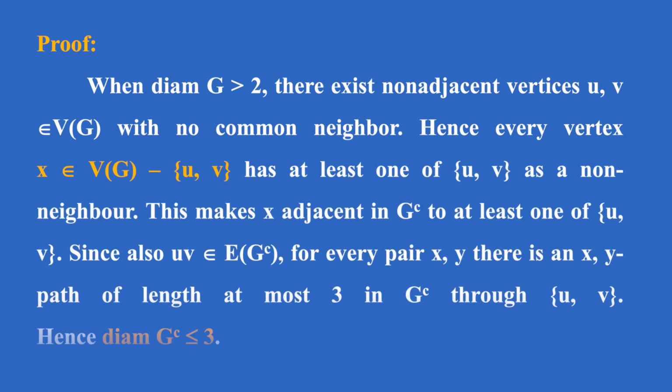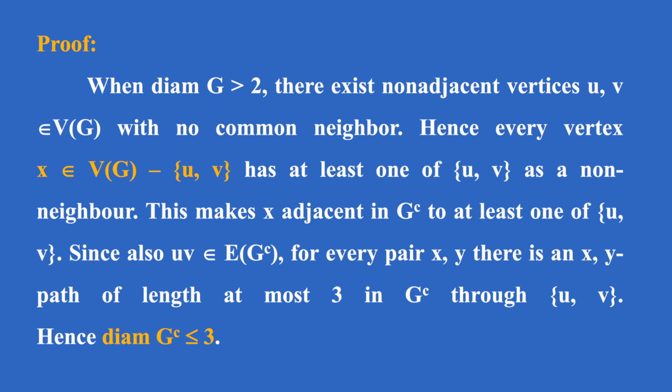When the diameter of G is greater than 2, there exist non-adjacent vertices, let them be u and v, belonging to V of G with no common neighbor. Hence, every vertex x belonging to V of G minus u comma v, that is except u and v, has at least one of u, v as a non-neighbor. This makes x adjacent in G complement to at least one of u comma v.